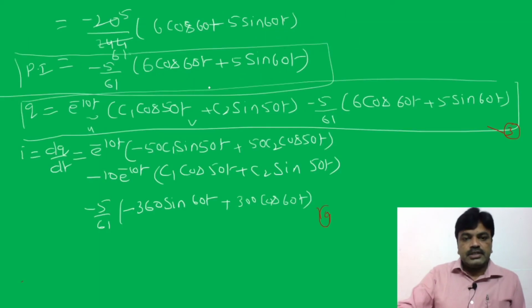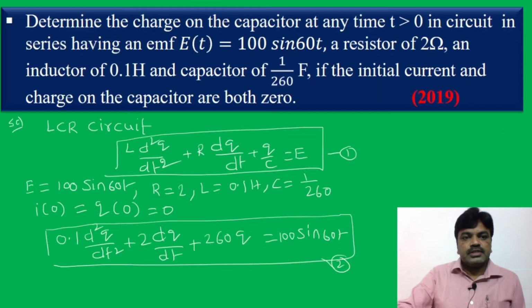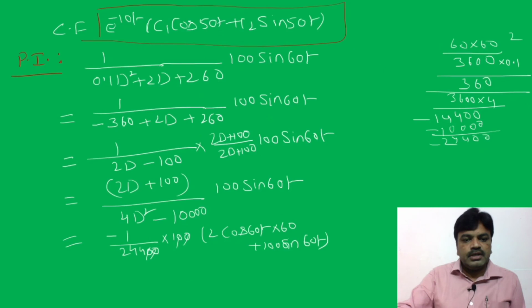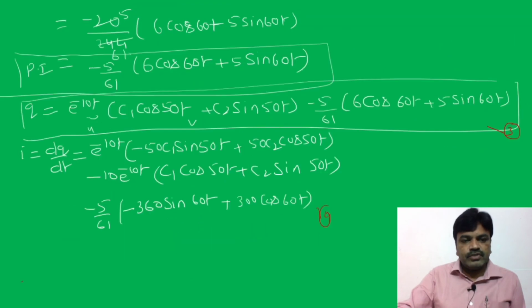Now what does he say in the problem? Determine the charge. Charge means we are finding the Q value. We substitute these C1, C2 values in Q, then we get the required solution.